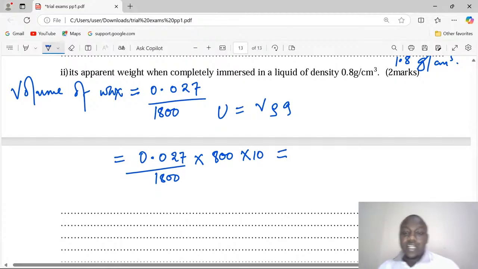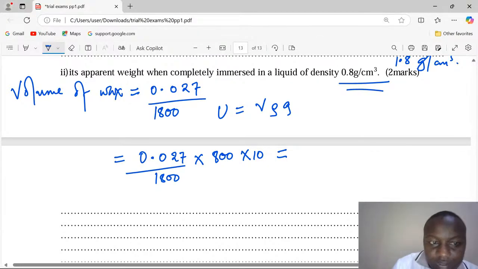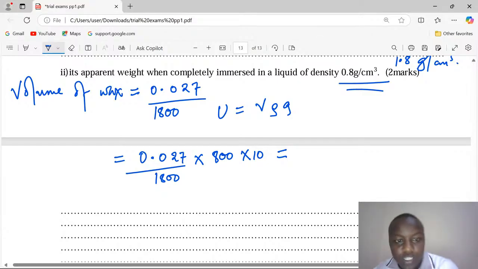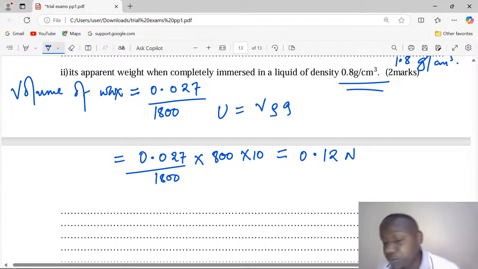Remember 800 is the density of the liquid where we are going to immerse it. The wax has a volume of 0.027 over 1800, because its own volume is the one it will displace, but in the liquid now, which has a density of 0.8. Then times G, and this is going to give us exactly 0.12 Newton. This is the upthrust it will experience.